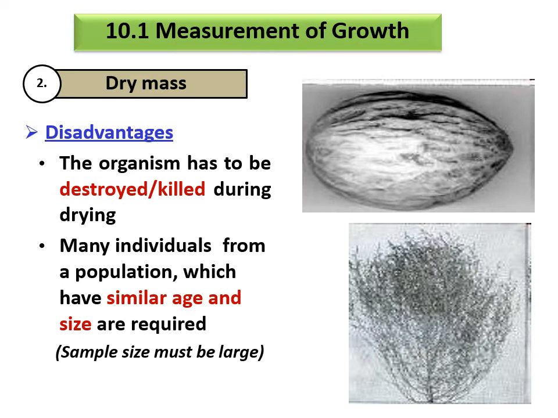Even though dry mass gives a more accurate measurement, the organism has to be destroyed or killed during drying. Other than that, many individuals from a population which have similar age and size are required, so the sample size must be large. Here there are 4 disadvantages for dry mass.